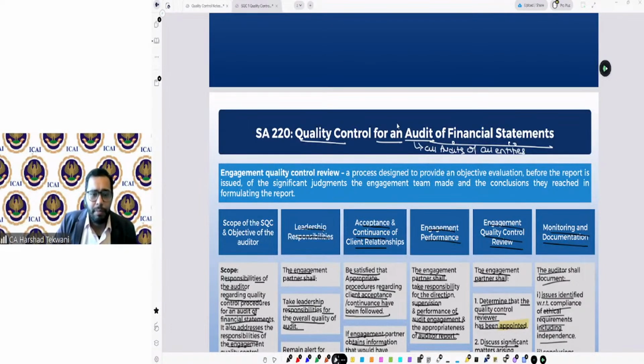Financial statement means general purpose financial statement. Okay. So I can say when I'm doing audit of a general purpose financial statement, any kind of audit, yes, SA 220 will be applicable in that scenario.